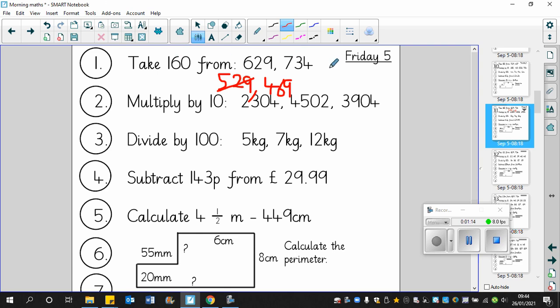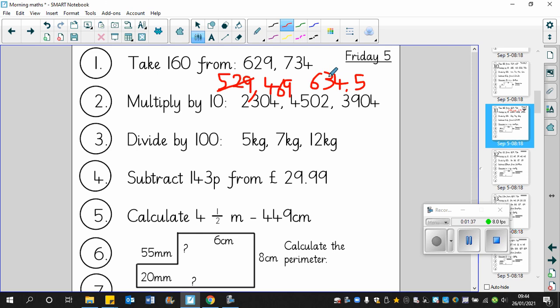Now, 734 take away 160. So 700 take away 100 is going to be 600. So 634. Remember, this is only the halfway stage, don't start saying, oh, you've got it wrong. 634, right, take away 60, well, obviously that's going to take us down to 500 and something.